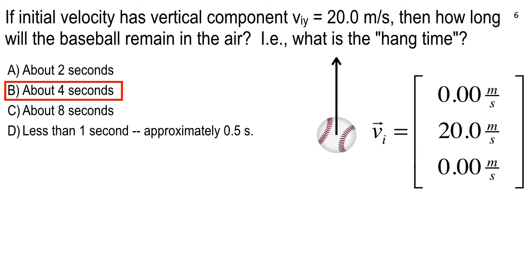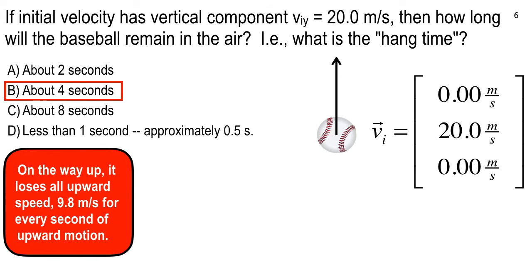First of all, on the way up, it loses all of its upward speed. And it loses 9.8 meters per second of upward speed for every second that it's on the way up. All right? So in the first second, it's down to 10.2.